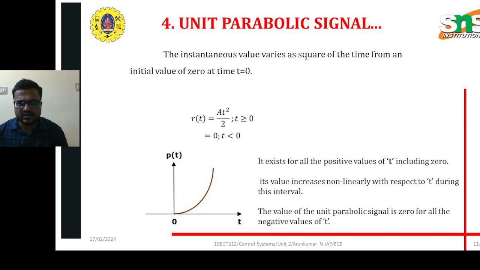Suppose r(t) is noted as A t square by 2 for t greater than or equal to 0. Based on the t value, we can fix the corresponding value for unit parabolic signals. Suppose the value is given as 5, then based on the time signal we can calculate it as 5 into t square by 2. From this, we can check this value as the final one by using the unit parabolic signal.